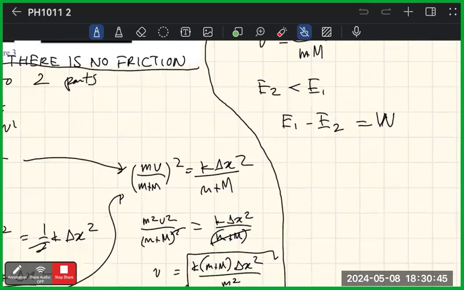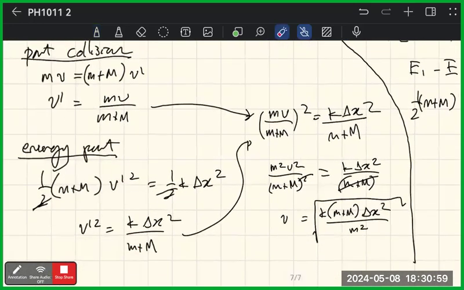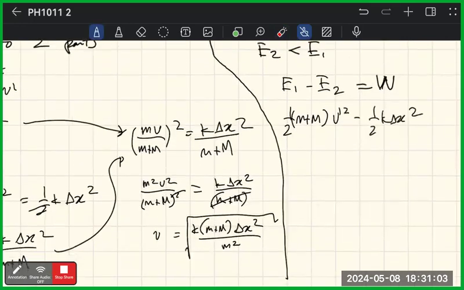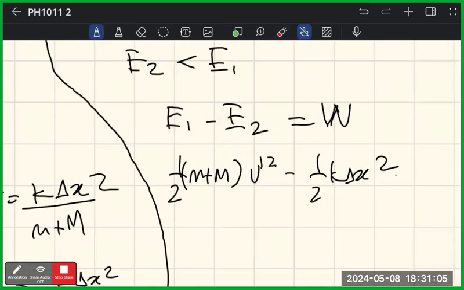So physically, energy 1 is half of (m plus M) v prime squared, which is the kinetic energy, and energy 2 is half of k delta x squared, the potential energy, plus the work done, which is (m plus M) g mu, the friction force, times the delta x here.